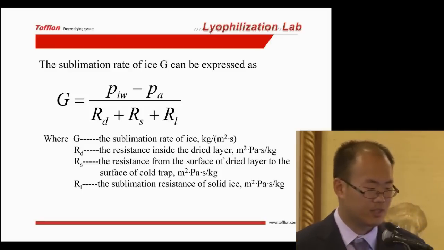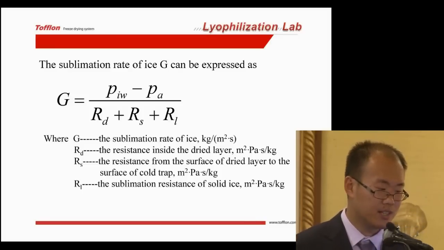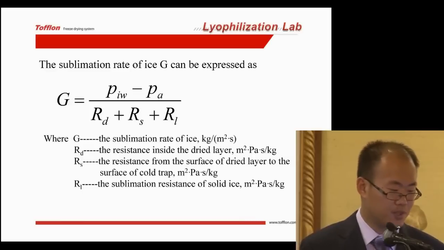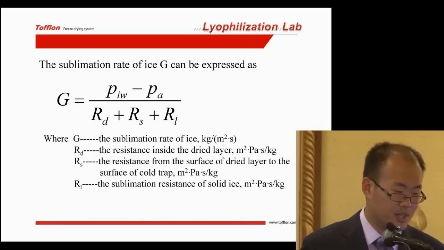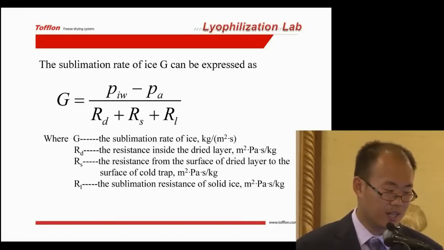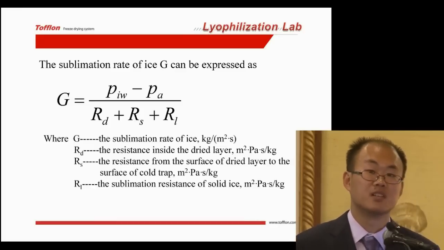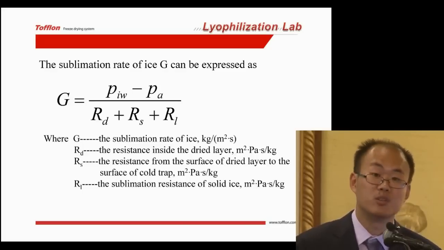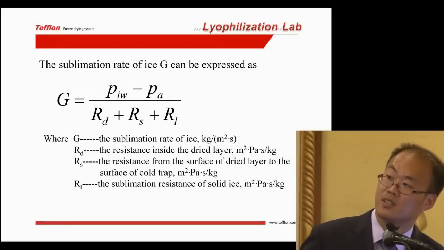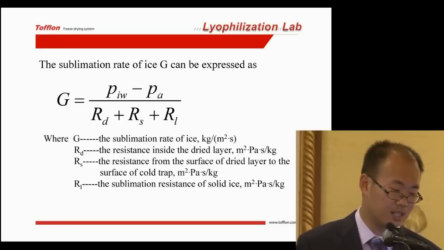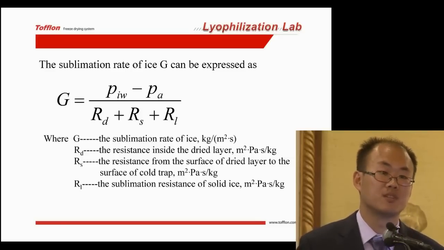Now this equation shows the sublimation rate of ice, G, which is equal to (P_iw minus P_a) divided by (R_d plus R_s plus R_L). This is the sublimation rate. We found that the denominator has three parameters, and all three are the resistances of the freeze dryer.